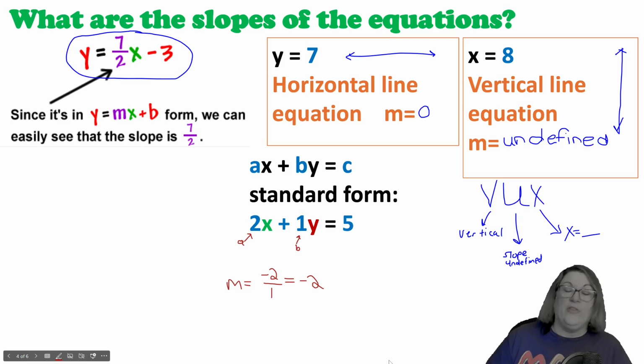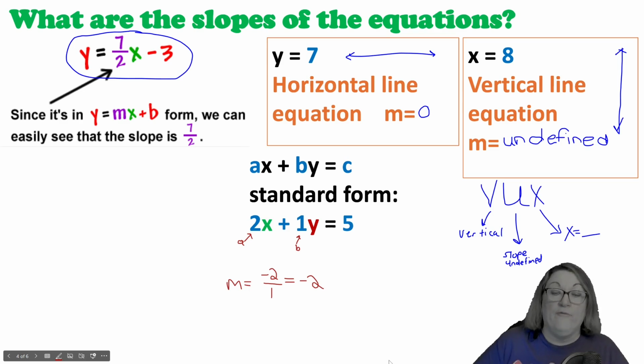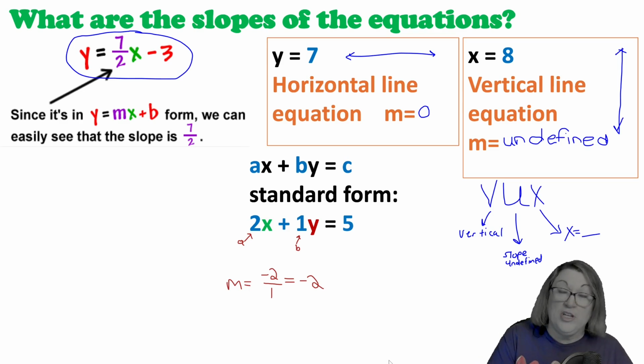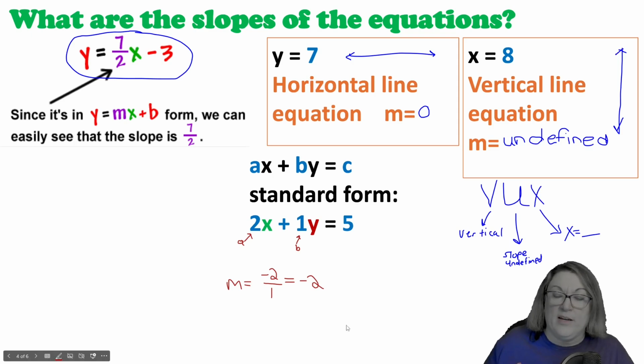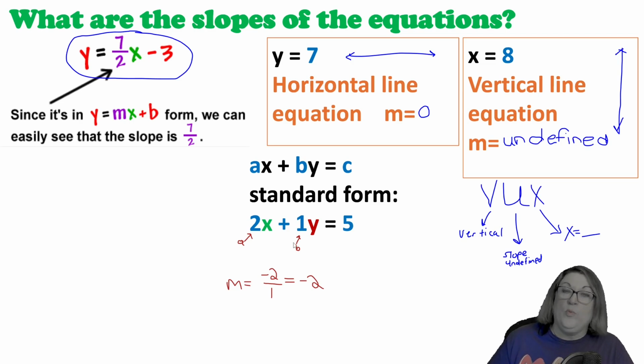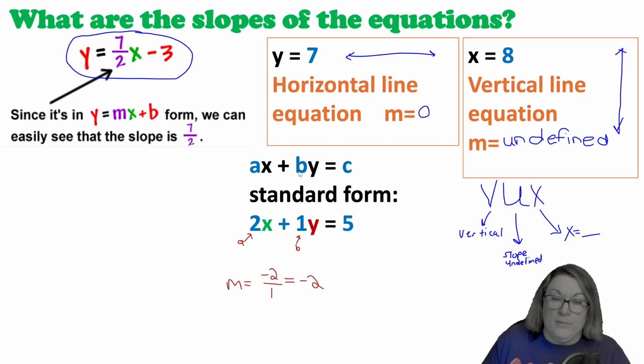Now there is another way to find this, and that is to convert this equation, in standard form, into slope-intercept form. I'm going to have a separate video showing you how to do that because we do need to know how to do that. And so we're going to be practicing that quite a bit. So I'll separate that in another video. But if you don't want to convert it into slope-intercept form and you just want to find a quick slope, that's one way to do it, is to change the sign of the A and divide it by the B number.